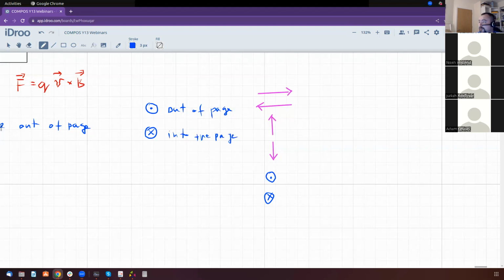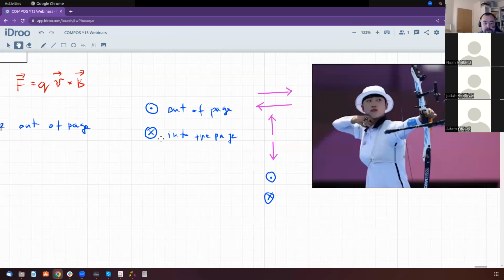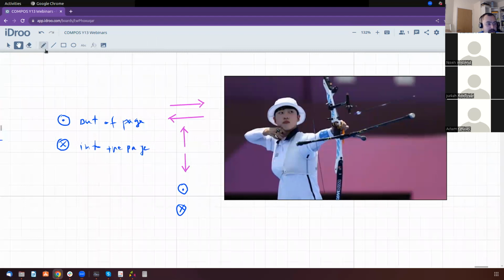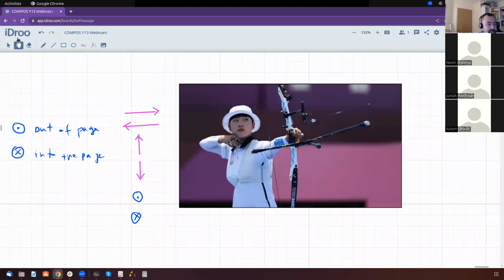So why is it so? The answer is simple: archery.